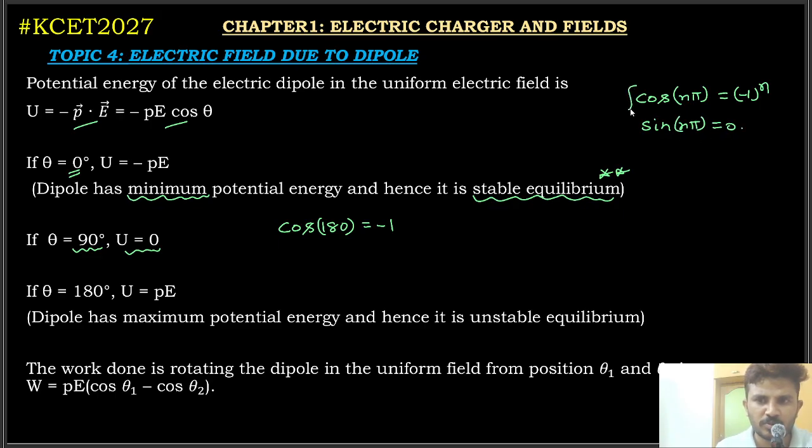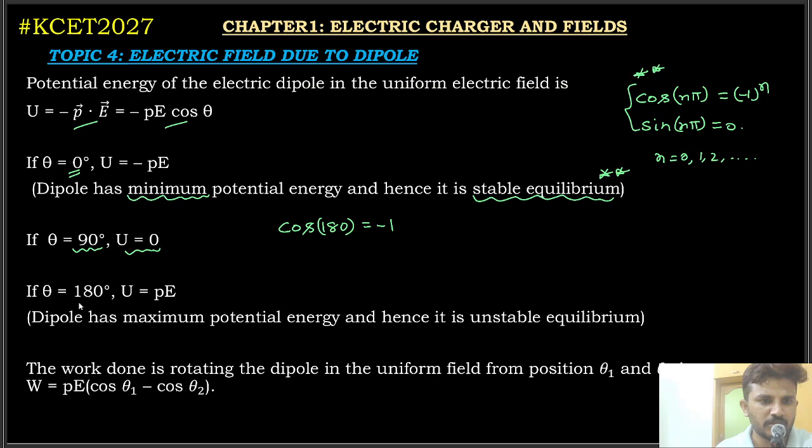Correct? Do remember these two. You can use these results in your competitive exams directly to find the value of cos n pi and sin n pi. The n value is an integer. It may start from 0, 1, 2, 3, 4 like that. So if you substitute 0, cos 0 is 1, sin 0 is 0, like that.